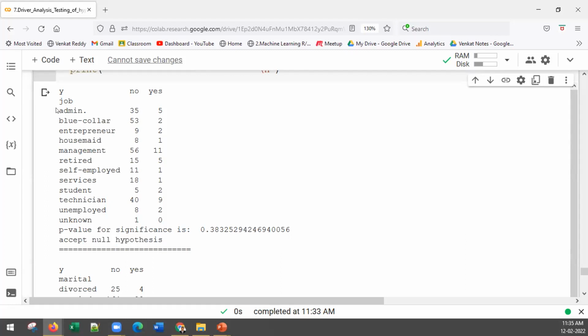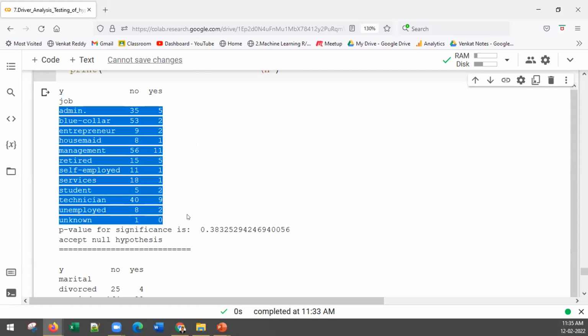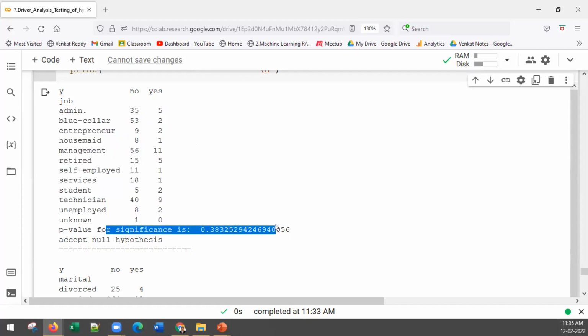Correct. So do we decide based on the table values or do we do the testing? We have to prove it. So we have to apply the testing. So you have done the chi-square test. You got the p-value. P-value is how much? 0.38, right? Are you going to accept the null hypothesis or reject the null hypothesis?